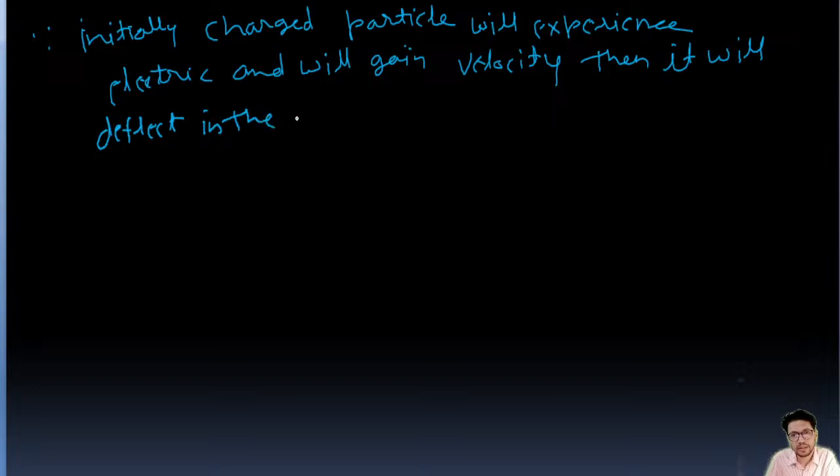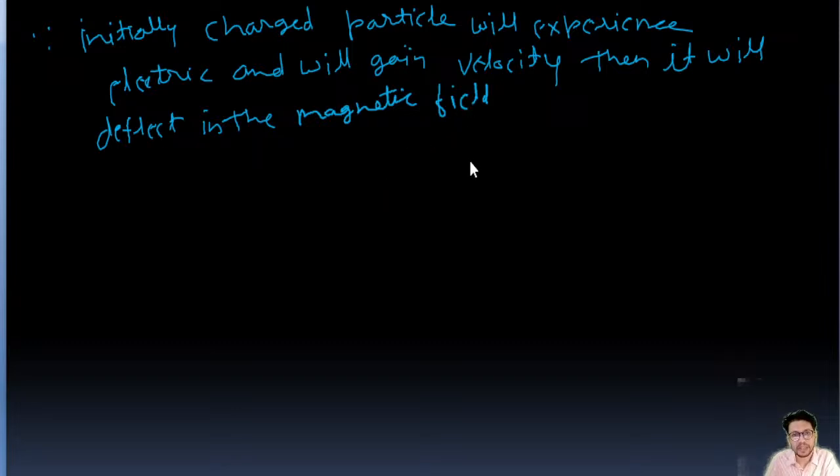So the particle will be at the origin, and because of the electric field it will get momentum and motion, that is, get velocity, and then because of the magnetic field it will deflect.